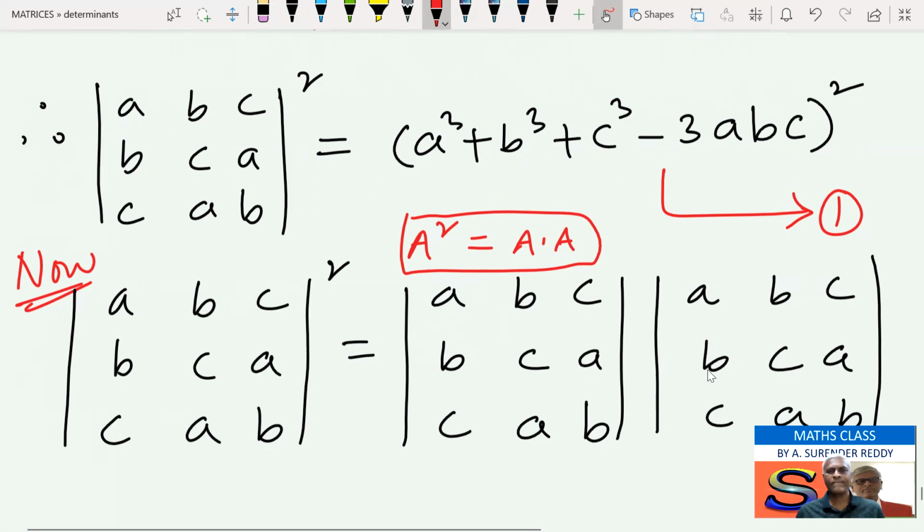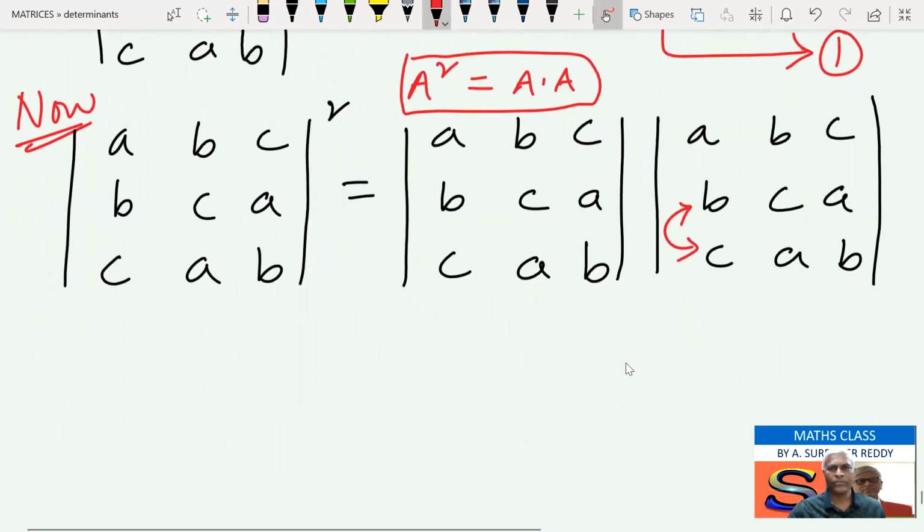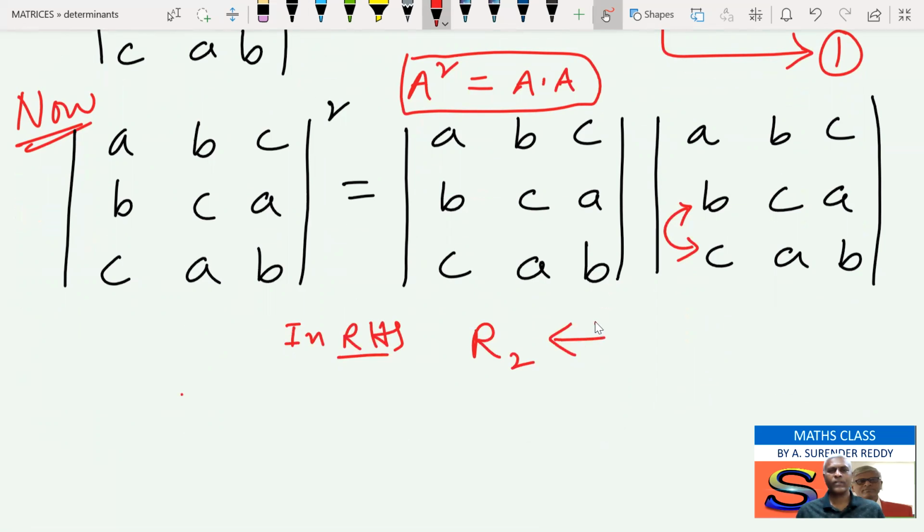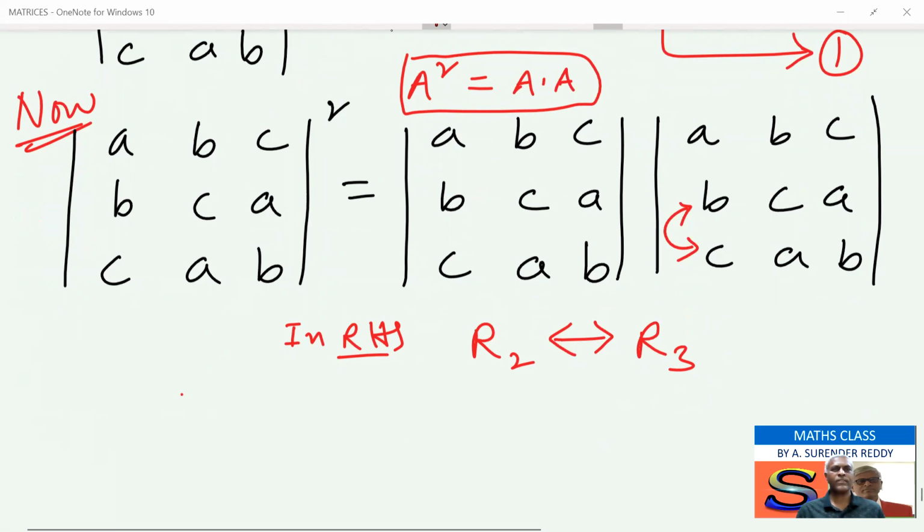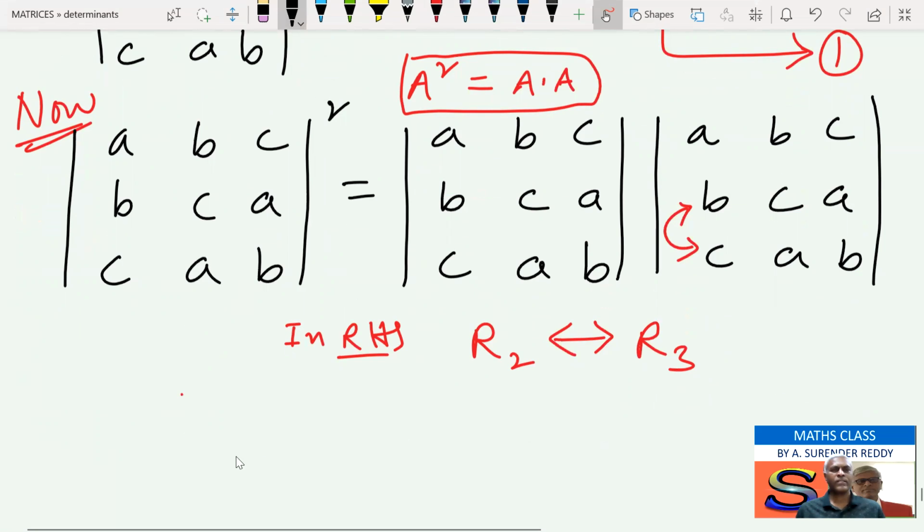So now we are interchanging R2 and R3 in the right side, interchanging these two rows. What do you get? The determinant changes its sign, minus 1.